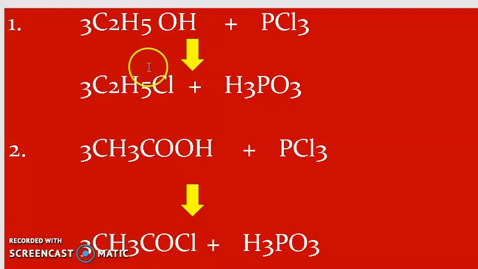So the reaction may happen with C2H5OH, and it may also happen with CH3COOH. Which product did we get here? CH3COCl, that means acetyl halide, acetyl chloride.